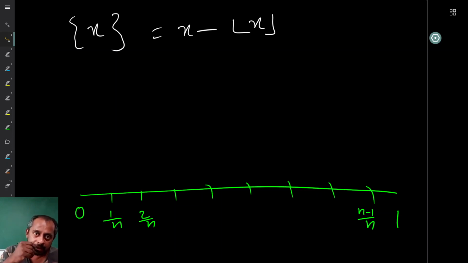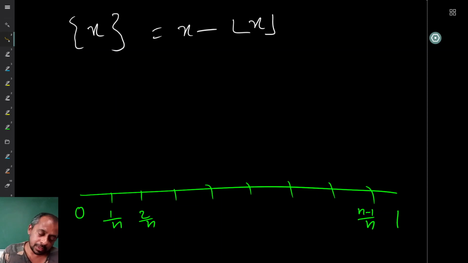Now if I want to show that the difference is going to be less than 1 by n, then basically what I am saying is that these two numbers happen to be in an interval of size less than 1 by n, right? So in this interval we have these two numbers, the number that we are talking about and this thing, they must be as close, right? So the difference is going to be very small.